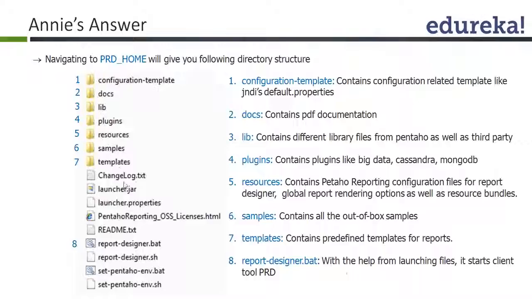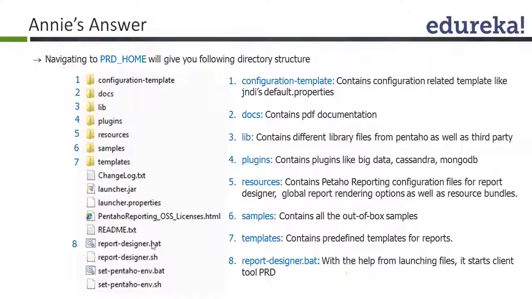Changelog, this is what I was mentioning. If you open it, you'll find it is a pretty old changelog, but the latest changelog is missing. So they have tried to capture in the changelog what changed. Launcher.jar is the one which is used to launch the designer view. Then these are properties, so how much memory you want to assign to the launcher initially.